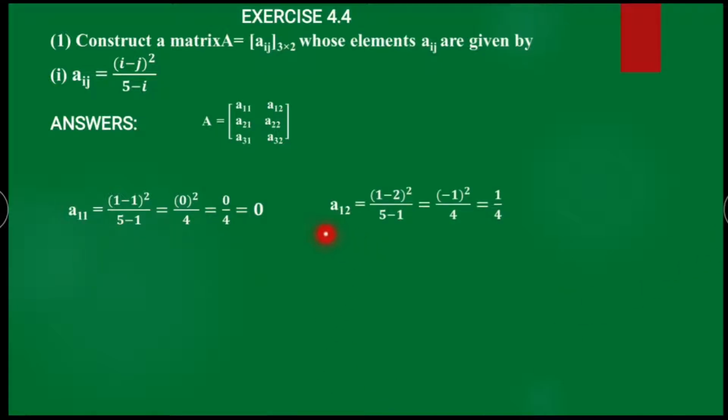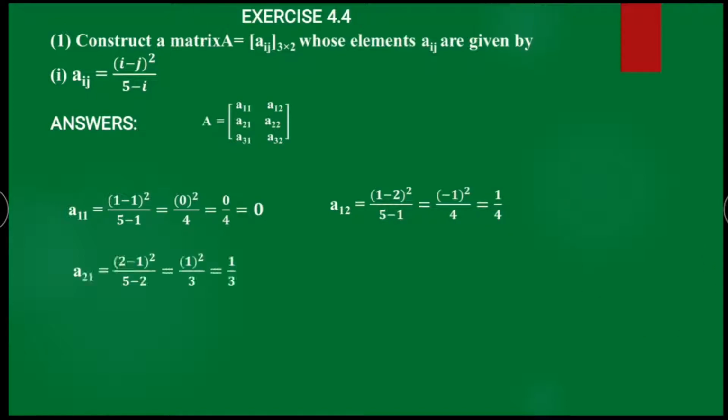Then we find the second element, that is the value of a12. So here we replace i by 1, j by 2 in this given formula. So here we get 1 minus 2 which equals minus 1. So minus 1 square we get plus 1 in numerator, and in denominator 5 minus 1 we write 4. So we get element a12 as 1 by 4.